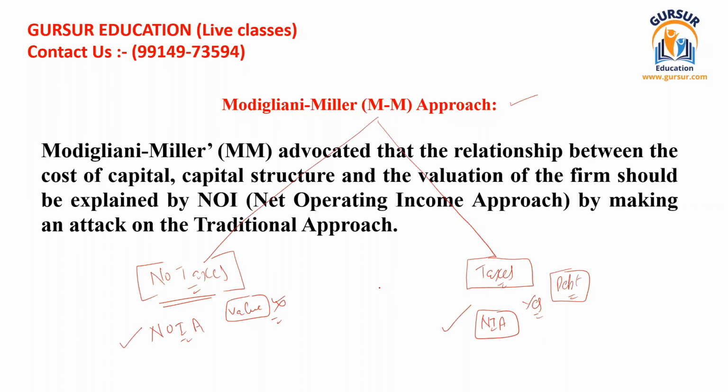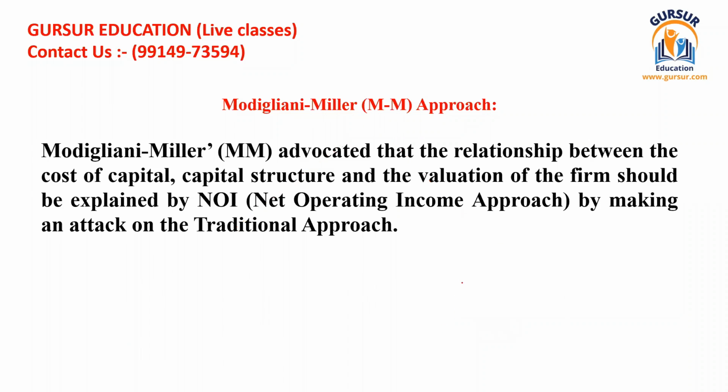But the confirmation has been given on the basis of two conditions. If there are no taxes, then the net operating income approach shall hold, and if there is existence of taxes, then the net income approach shall hold. So one by one we shall be studying all those.